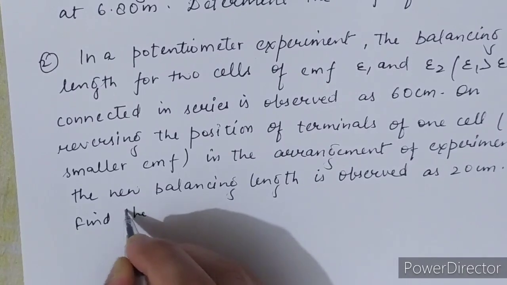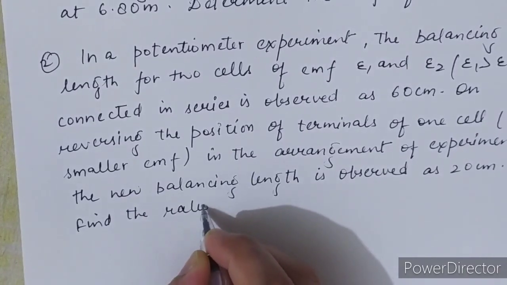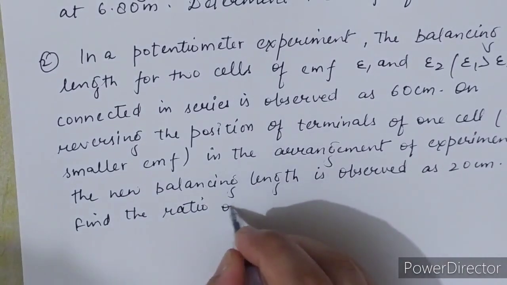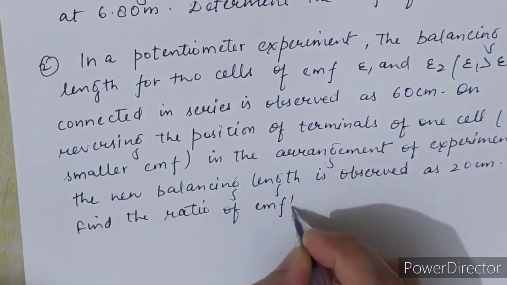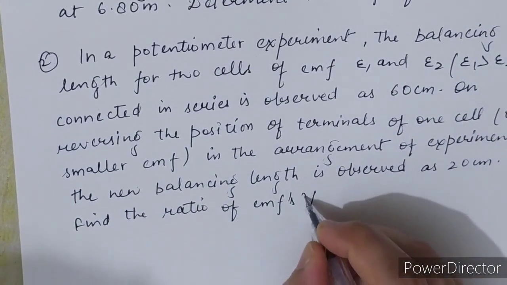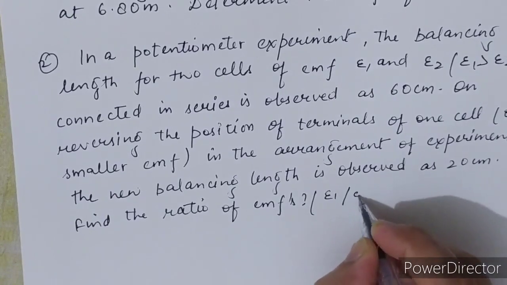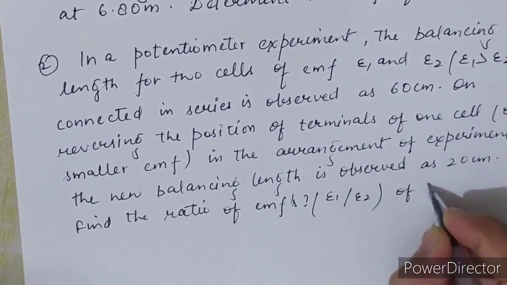Find the ratio of EMFs E1 to E2 of the cells.